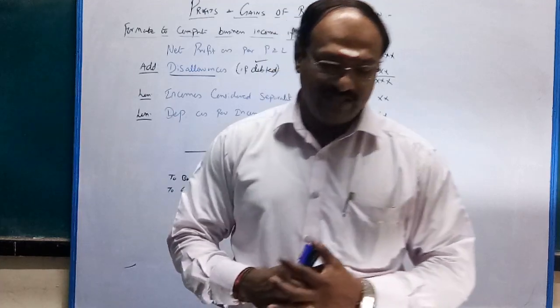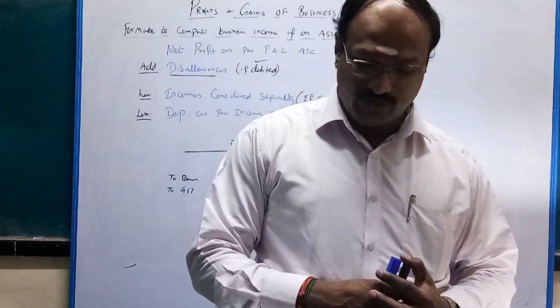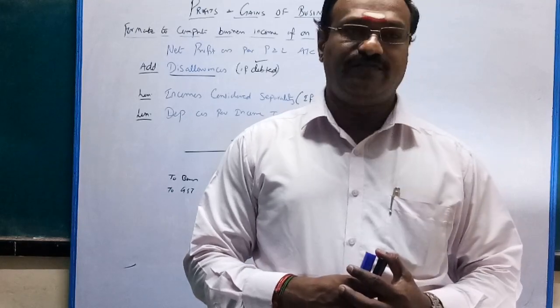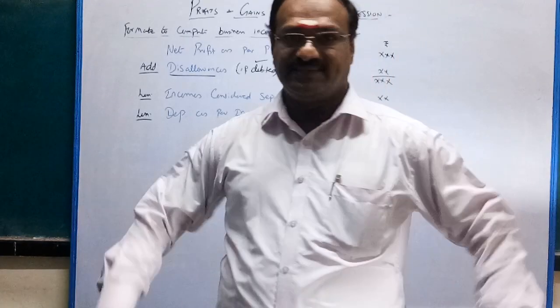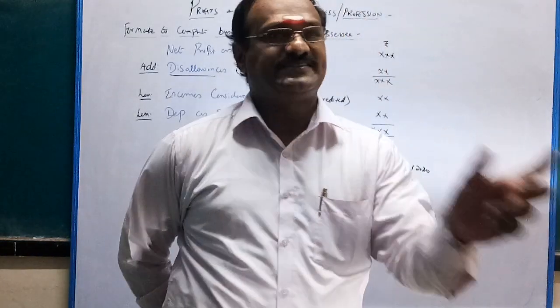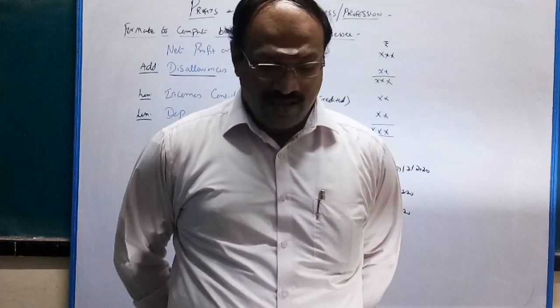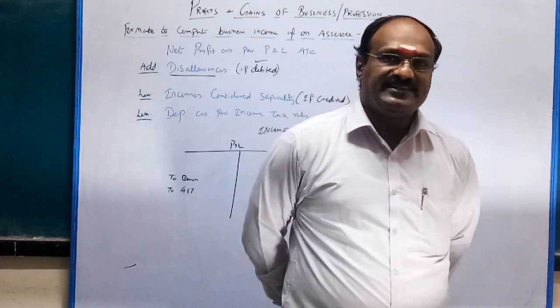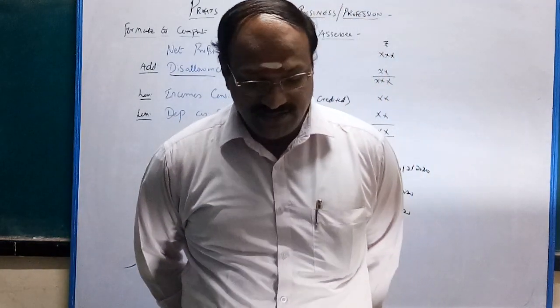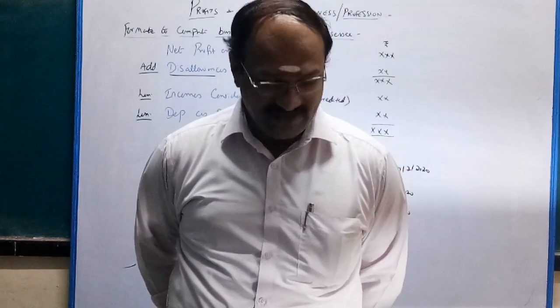Apart from this, general deductions. Section 37. An expenditure shall be allowed under section 37 provided it is not in the nature of expenditure described under sections 30 to 36. If any expenditure is not described under 30 to 36, then you can claim it as deduction. It is not in the nature of capital expenditure. It is not personal expenditure of the assessee.